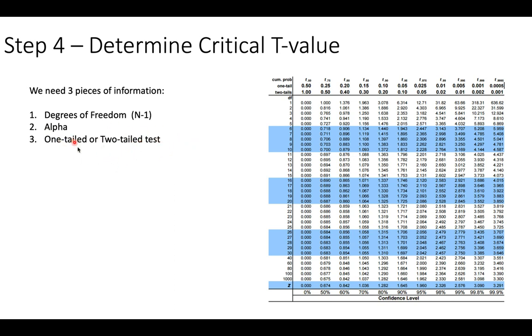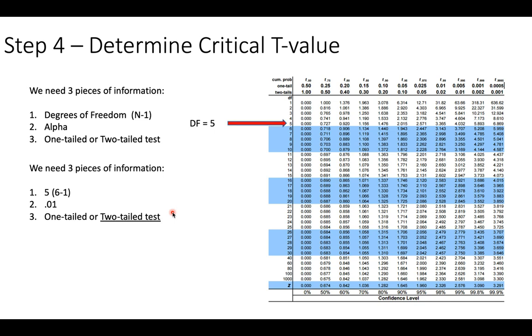If you get this decision wrong, one versus two-tailed, then you will get the incorrect critical value. N minus 1 is 5, right? 6 minus 1. Alpha was given in the problem. That's 0.01. And we determined, because we had non-directional language in our hypothesis, that we have a two-tailed test.